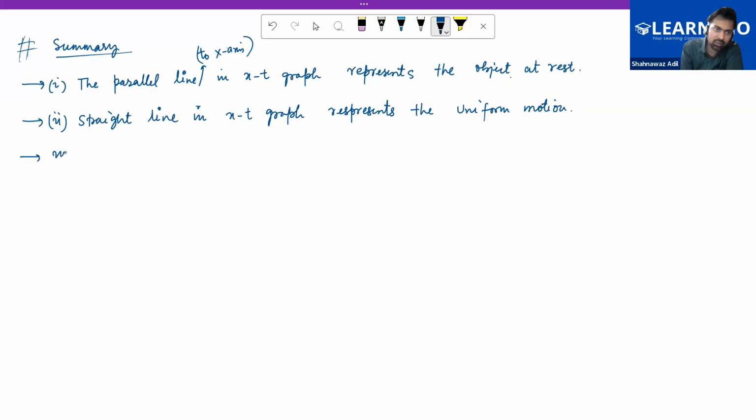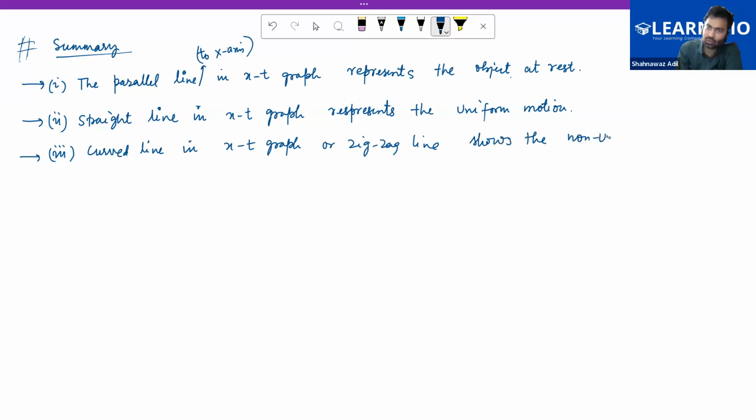The third point is that a curved line or zigzag line in an xt graph shows non-uniform motion.